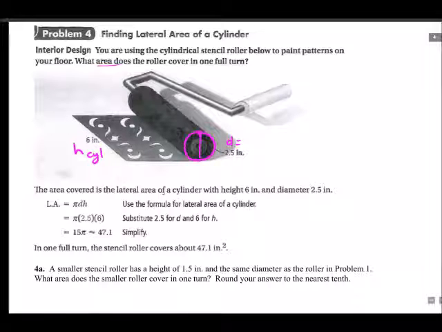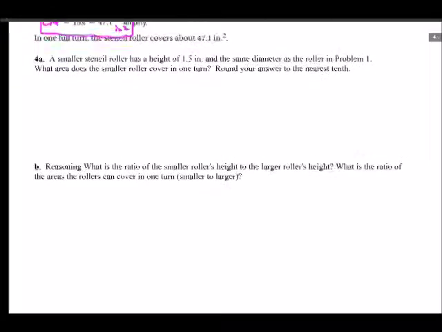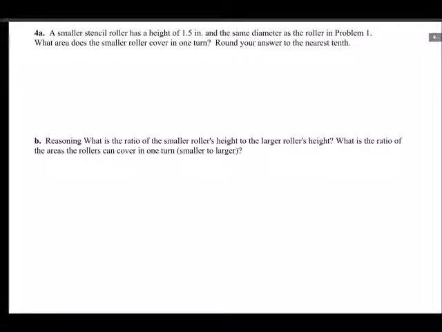So pi dh, simply substitute in, and we get the lateral area is 15 pi or 47.1 inches squared. So again, cylinders are pretty easy. Just use a formula. Now it's your turn. Do the next two problems.